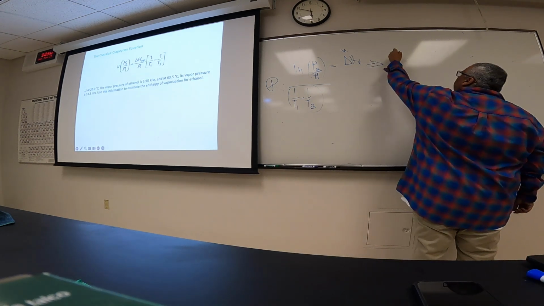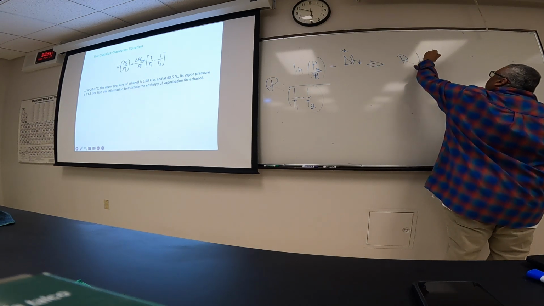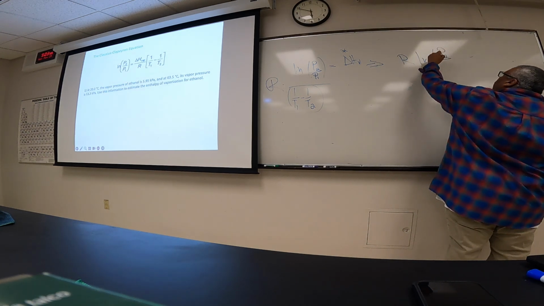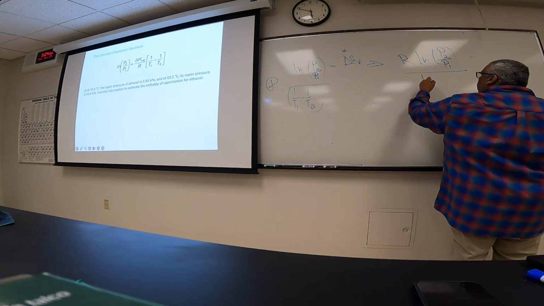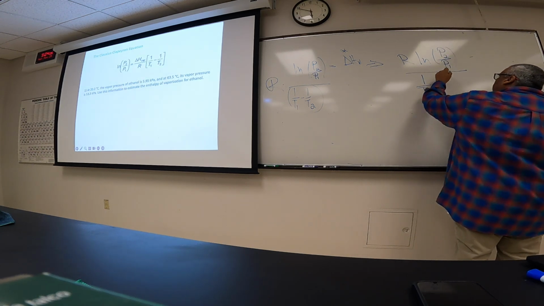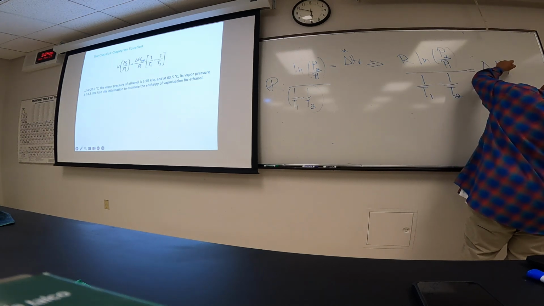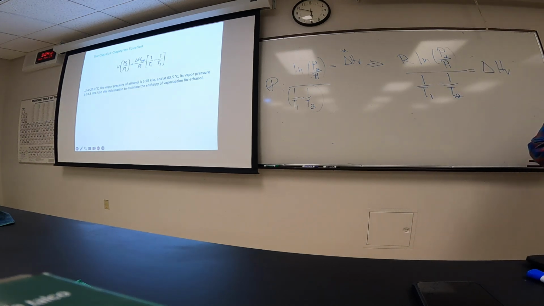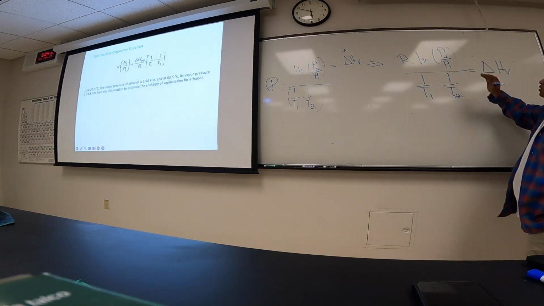We're going to say R times the natural log of P2 over P1, over 1 over T1 minus 1 over T2, is equal to this enthalpy that we need. All I did was clean this up a little bit, but here's our equation.